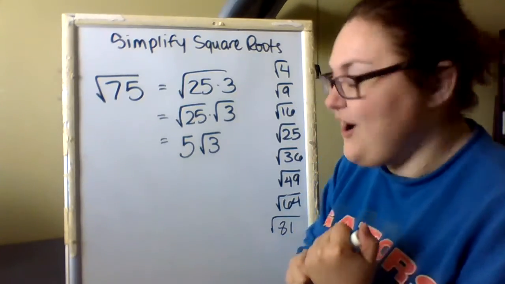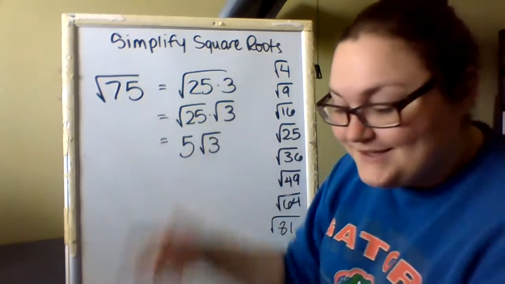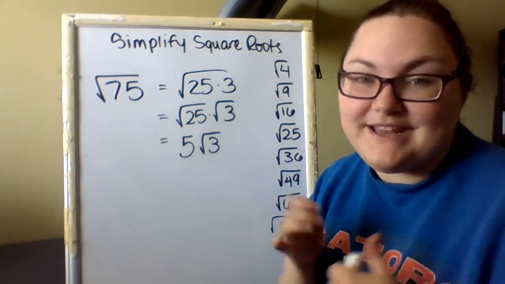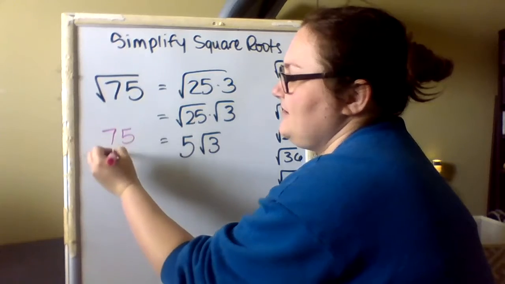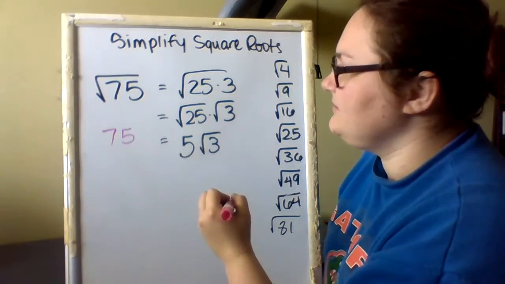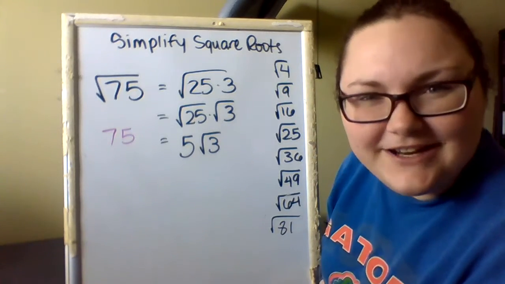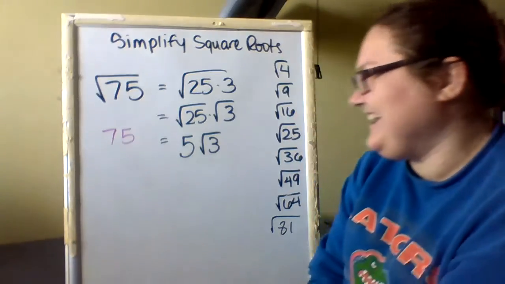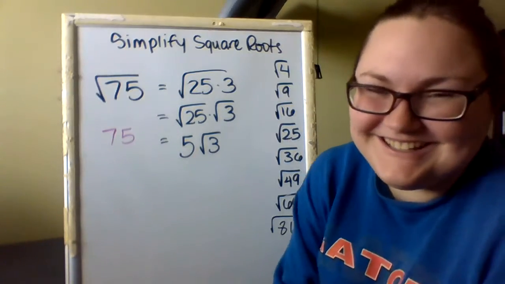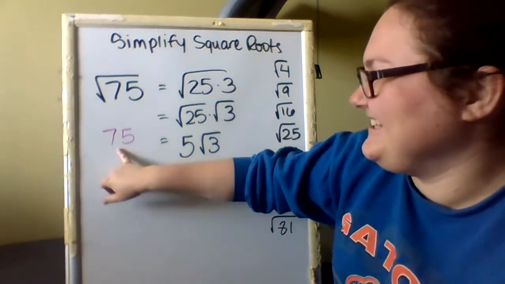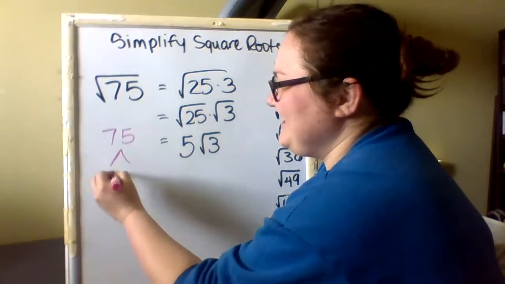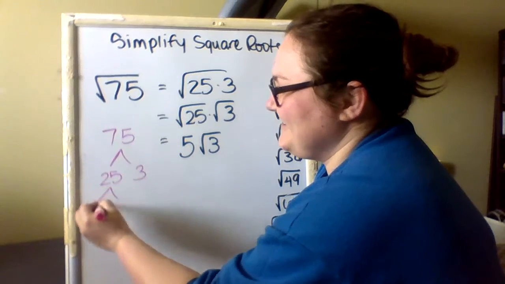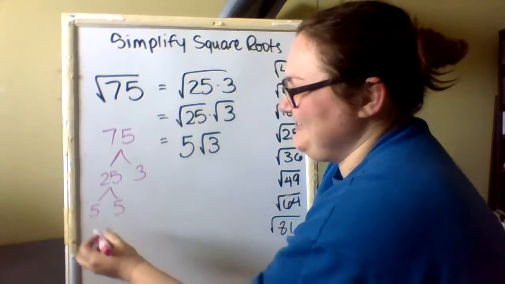If you aren't as confident in this method, you could get the exact same answer by doing a factor tree. If I use 75 for my factor tree, we did this earlier. So if you did your factor tree earlier, we saw that it ends up being 25 and 3, 5 and 5.